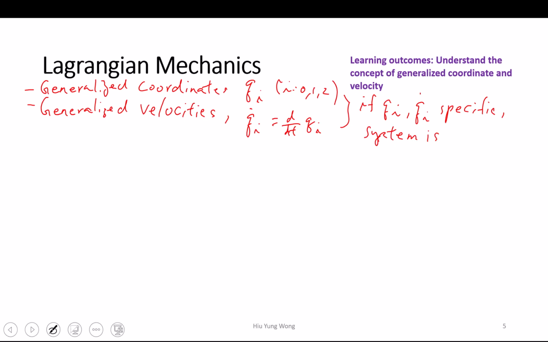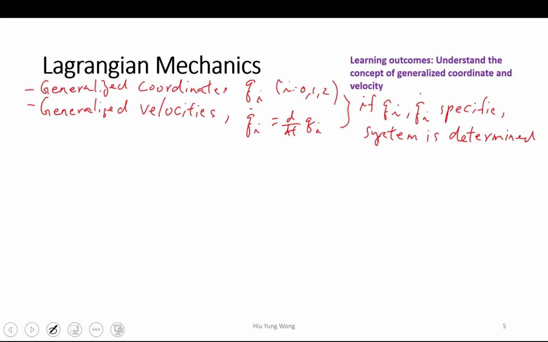It's unique. I can describe the state completely already. Do you agree? It's just like what we feel in classical mechanics, but now we need to make it generalized. It's not just real coordinates or real velocity, it can be other quantities also. But we will see later.